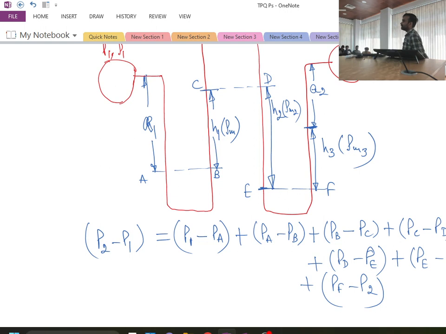I will get nothing but P1 minus P2. So let me write the left hand and right side also. Is this point clear?